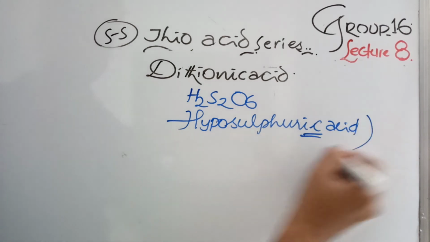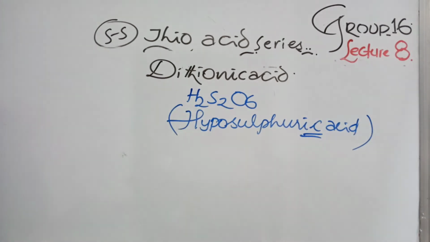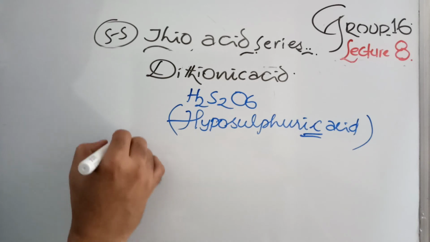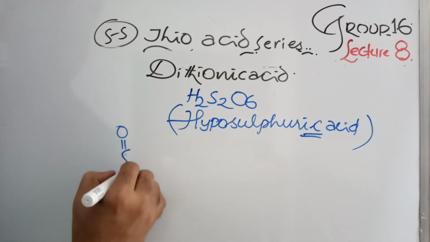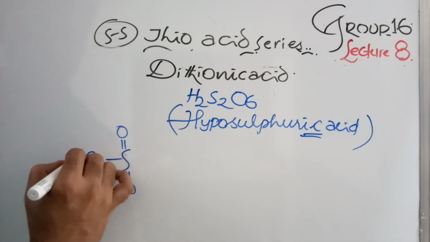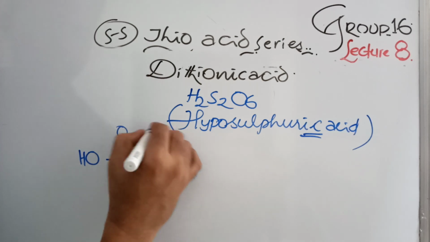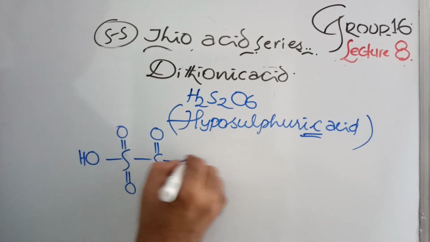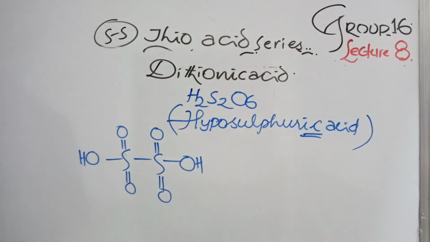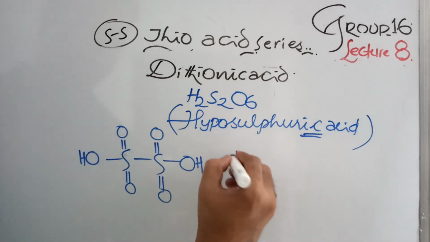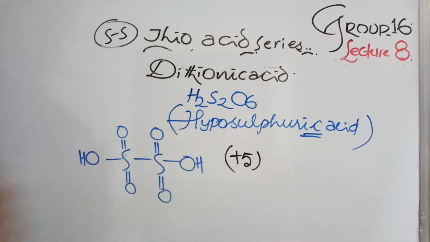Ic. Previously I said that is ous. This is ic. Structure you can easily guess, double bond O, OH. Previous case one extra, that's all. SS bond is mandatory. Each sulfur oxidation state will be here +5. No lone pairs are there. +5 oxidation state. Hyposulfuric acid. Dithionic acid, or you say hyposulfuric acid.